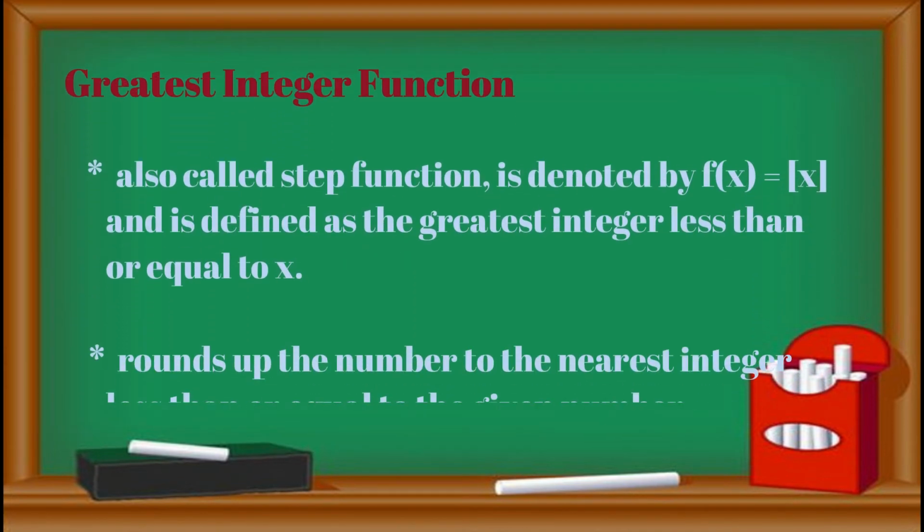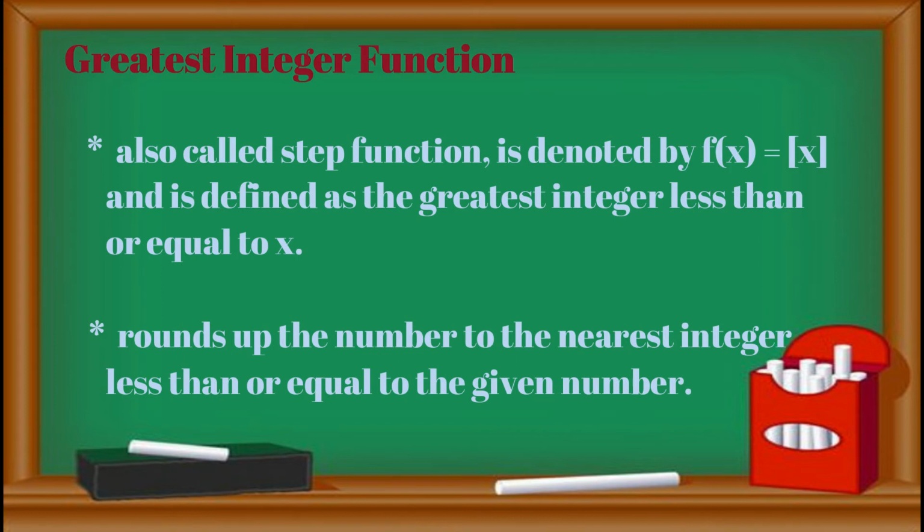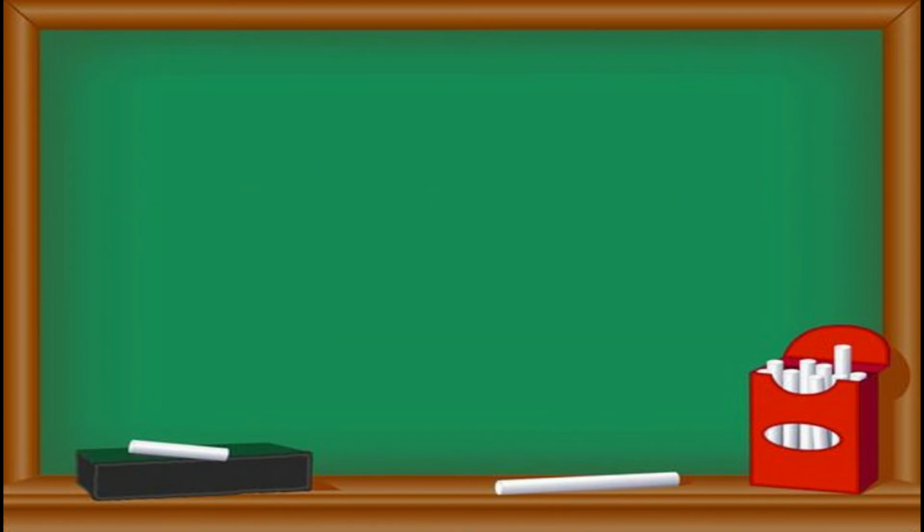Greatest integer function, also called step function, is denoted by f(x) = ⌊x⌋ and is defined as the greatest integer less than or equal to x. Greatest integer function rounds the number down to the nearest integer less than or equal to the given number.